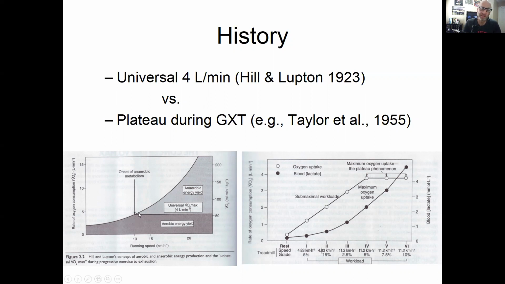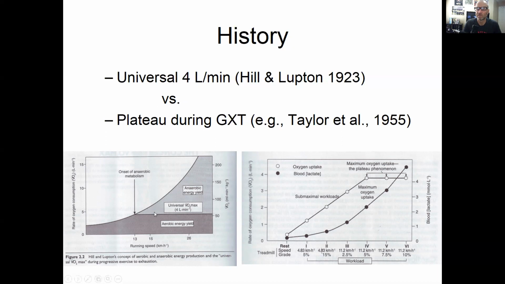And that occurred at a speed of 13 kilometers per hour. If you wanted to run faster than 13 kilometers per hour, say 15, you would convert chemical energy to mechanical energy using the aerobic pathway, and you would also need additional conversion via anaerobic processes.